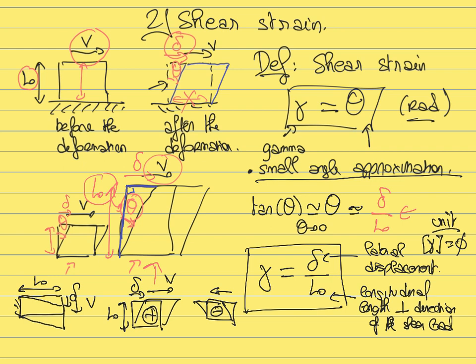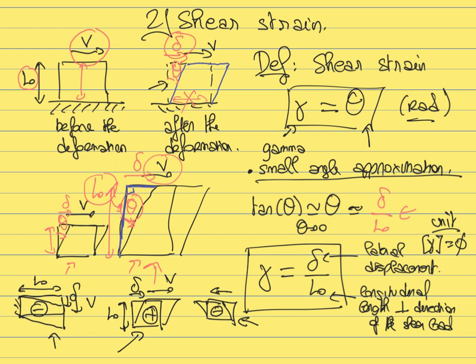So we will use the same sign convention as the one that we defined for the shear stress last time, where this is going to be a positive shear deformation and this is going to be a negative shear deformation. This is the sign convention that we will be using. For example, in this case, this would be a negative shear deformation. Again, it is exactly the same convention that we used for the shear stress.